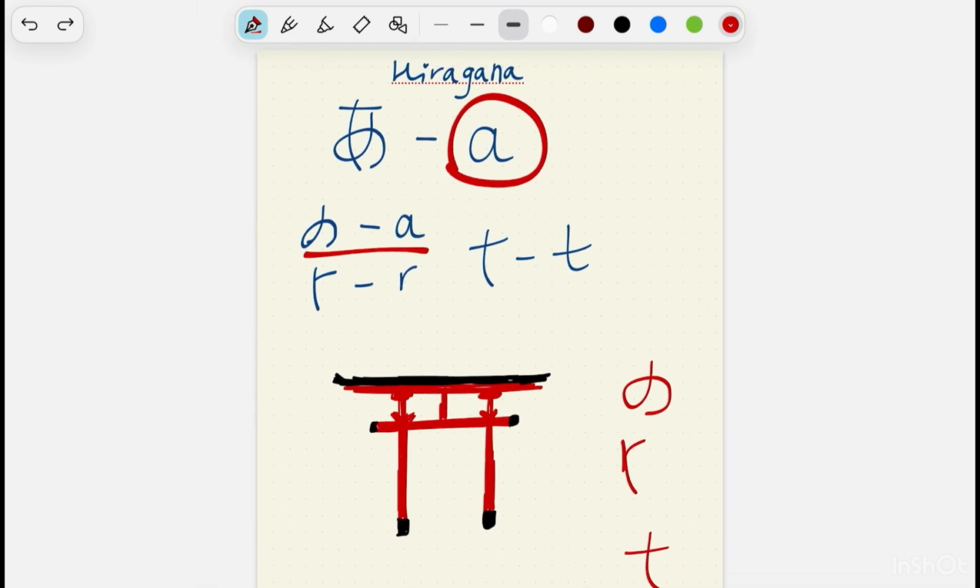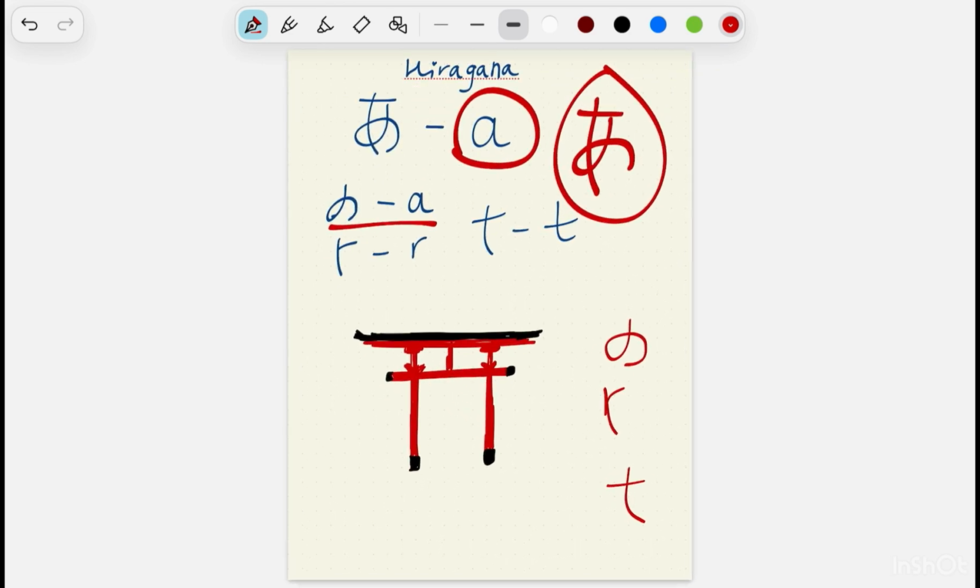If I remember this word art, this will be our Japanese A. So yeah, I remember it this way, but you can learn with your own fantasy. Maybe you can draw something else. For me it's like art, and I remember it this way.